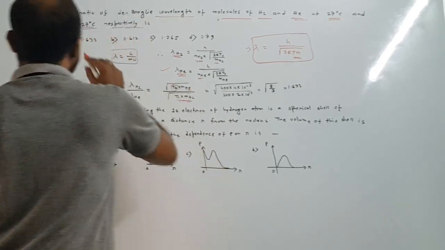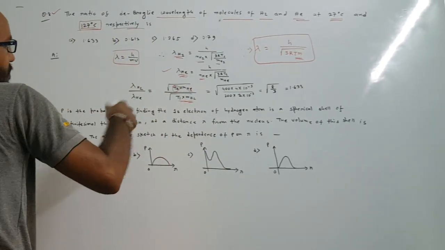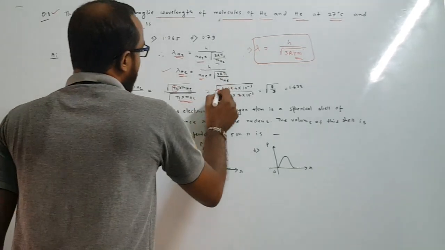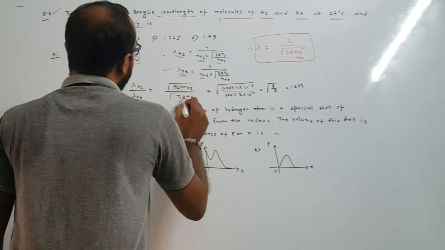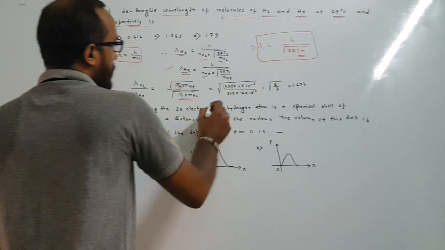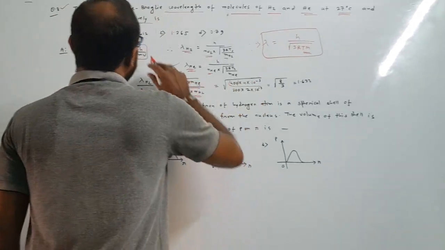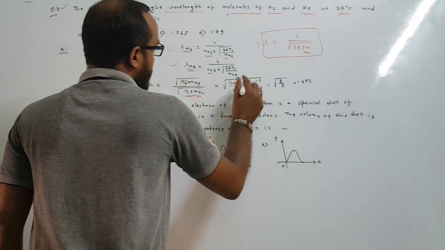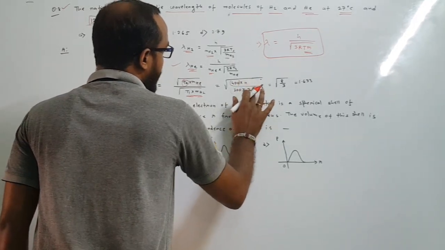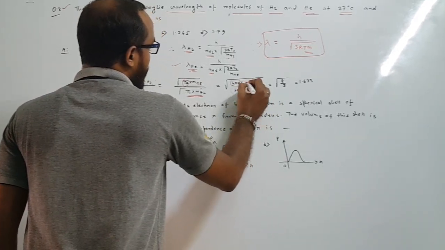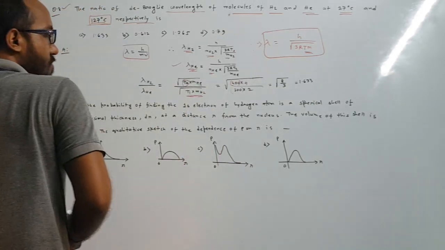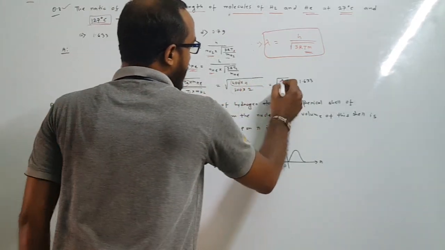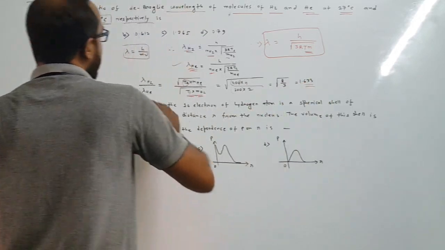T2 temperature is 127 degrees Celsius, so for gas you have to convert it into Kelvin, so it will be 400 Kelvin, and T1 is 27 degrees Celsius, so it will be 300 Kelvin. And see, mass of helium is twice the mass of hydrogen, right? So you don't have to put it here actually, 4 by 2. So mass of helium is twice the mass of hydrogen. So you will get it as 1.633.